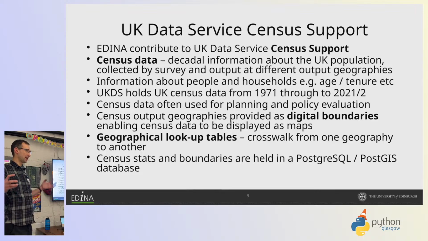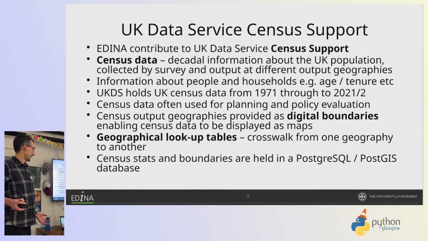So it could be the council area of Glasgow, all of Scotland, or a particular ward or a district, and that gets done every 10 years. So it's normally 2001, 2011, 2021, except in Scotland, where the census was done in 2022 because of COVID, so it was one year late.